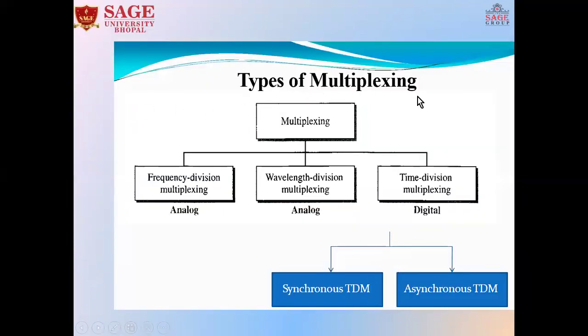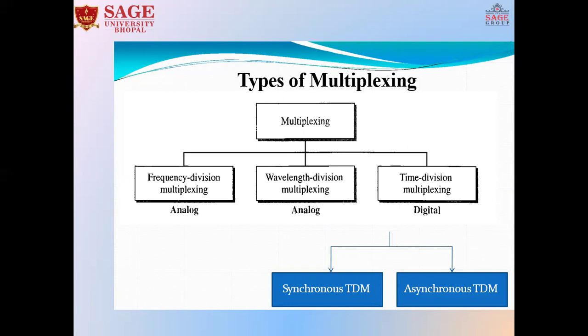Here there are a few types of multiplexing. It is subcategorized on the basis of two types of signals, analog signals as well as digital signals. On the basis of analog signals, it has two categories, frequency division multiplexing and wavelength division multiplexing. And on the basis of digital signals, it is categorized into time division multiplexing.